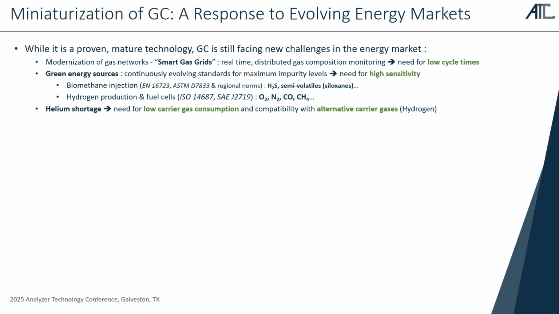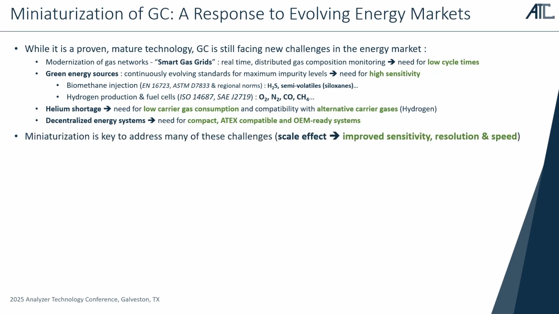There's also the question of carrier gas usage, especially relevant with the price of helium today. And today, integration is a big deal for GC and for other analyzers, because often you have to integrate GC as part of OEM or into industrial skids, and micro GC makes perfect sense to use in those cases.